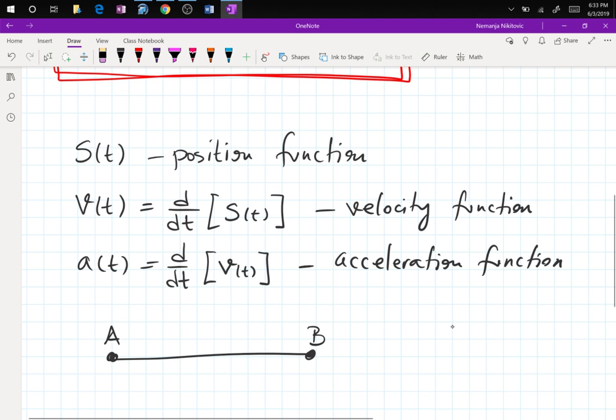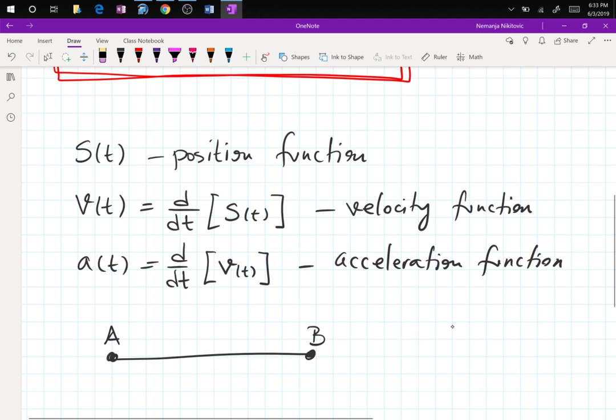In which case your plus and minus are important in terms of which way you go, and then your magnitude is how fast you go, which is also known as speed. Now over here in calculus, since we are only moving forward, we can equate our velocity with speed, but technically speed is the absolute value of velocity.